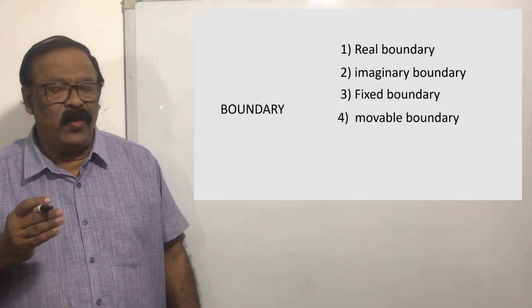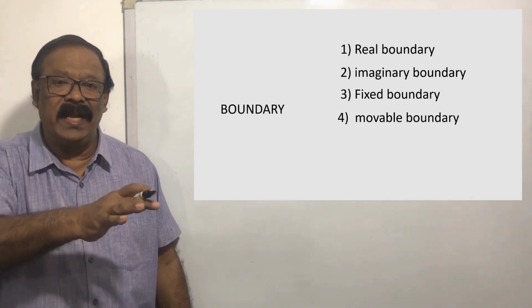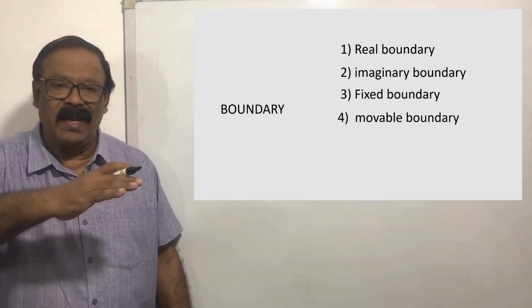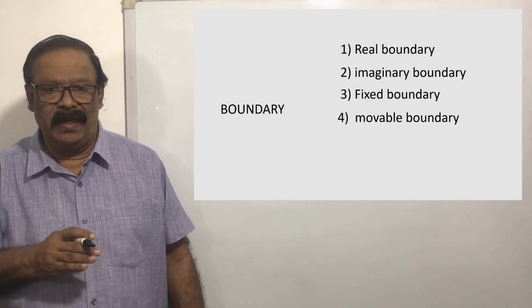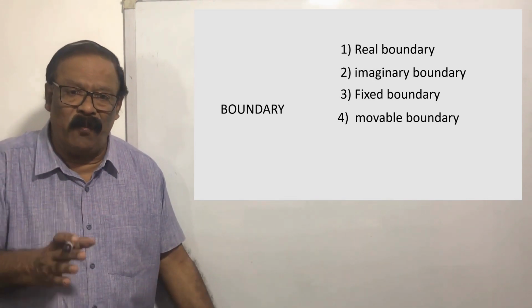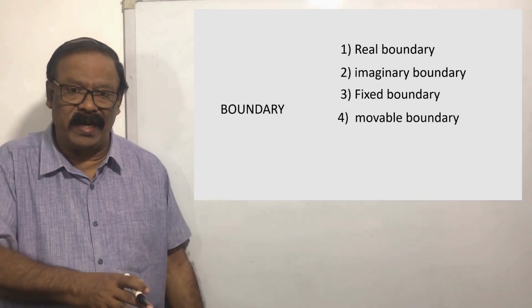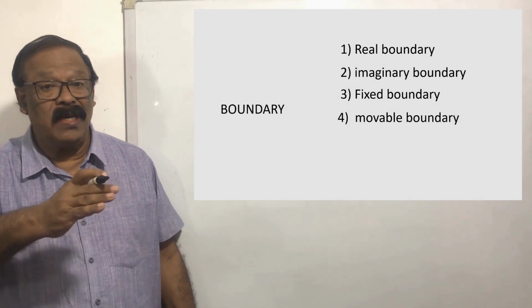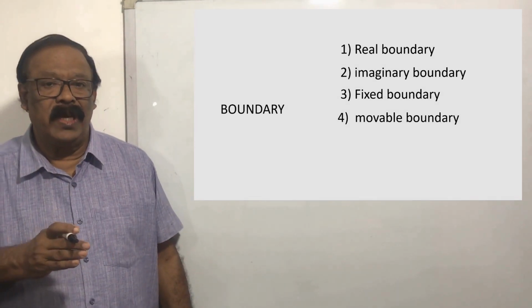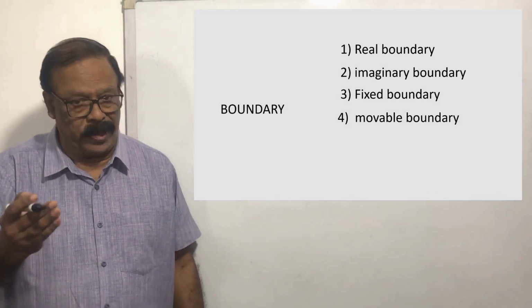If you take a bucket containing water, the water level is fixed there and it is a fixed boundary. Suppose the bucket is kept under a water tap and the tap is opened, then the level of water goes on changing. That forms a moving boundary.